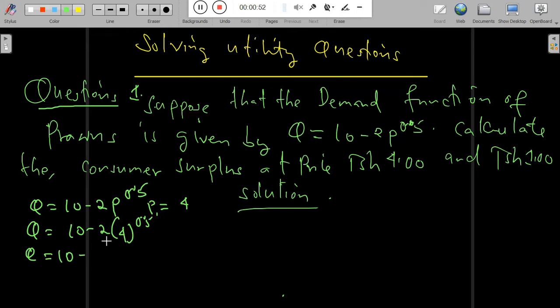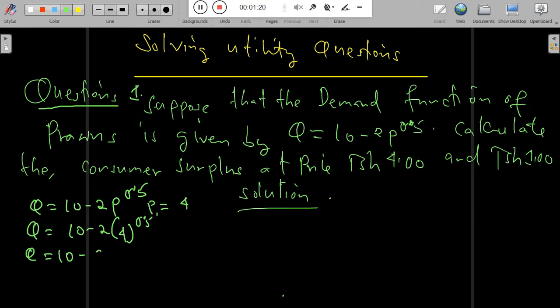So 10 minus 2 times 4 is exactly 2, and 2 times 2 is 4. So Q is equal to 10 minus 4, which is equal to 6, as you can observe.